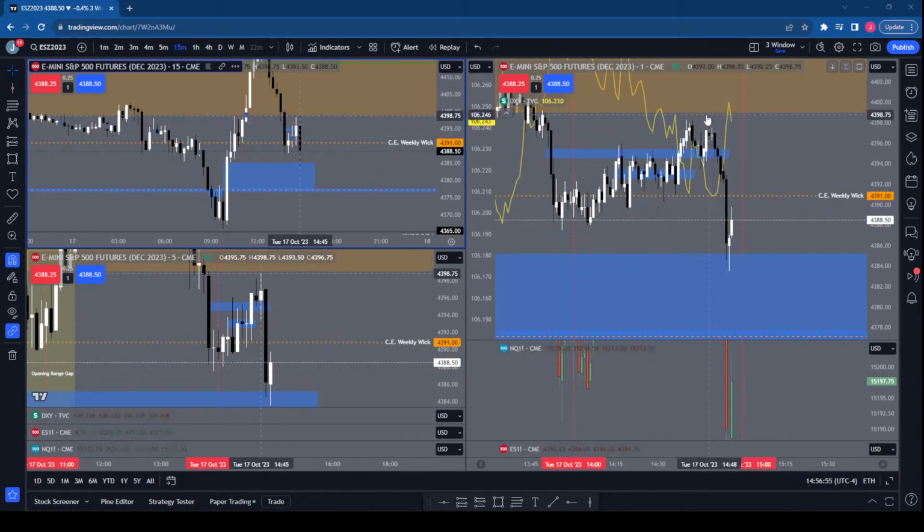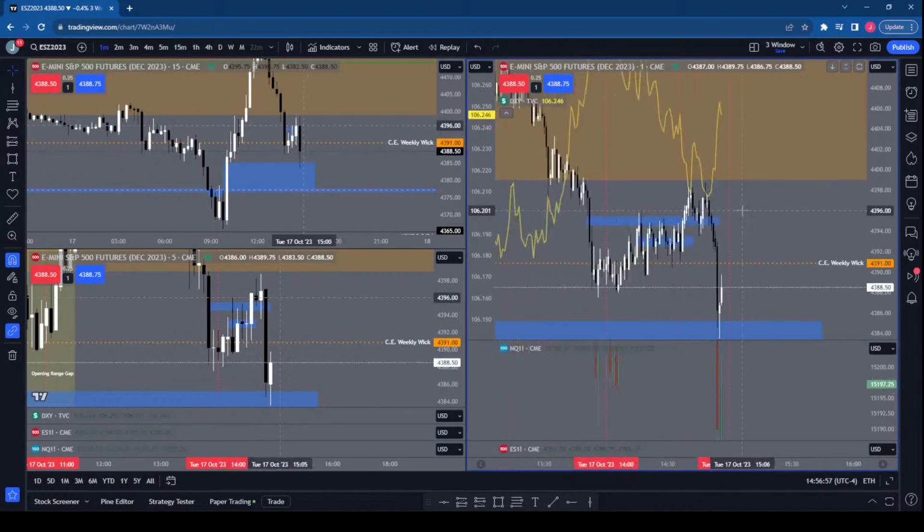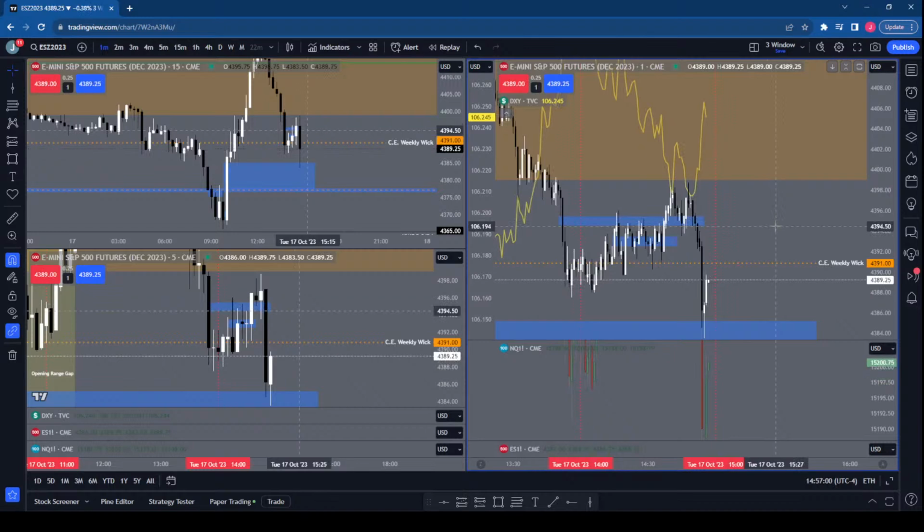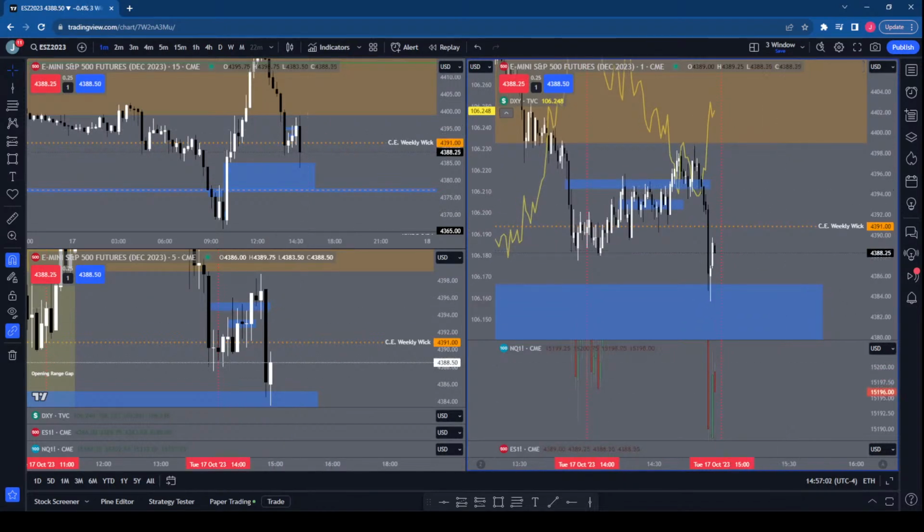If this was to run up and take this high, I'd really like longs. Could happen.